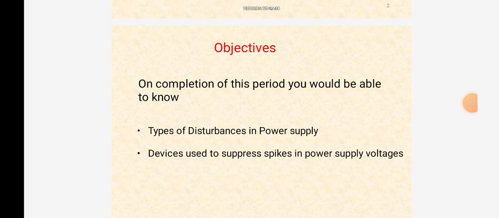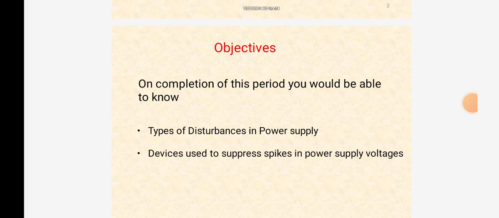So critical loads such as computers, hospital equipments, including pre and post surgery medical care systems, processing control systems in industries and communication systems, require continuous and quality power.